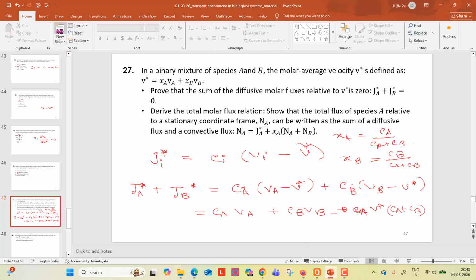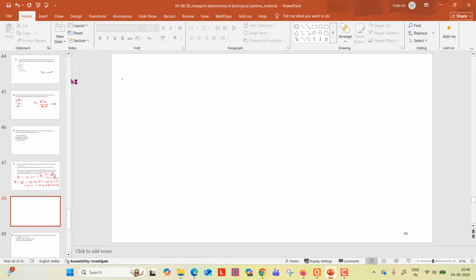So V star will become Ca by Ca plus Cb into Va plus Cb by Ca plus Cb into Vb, right?